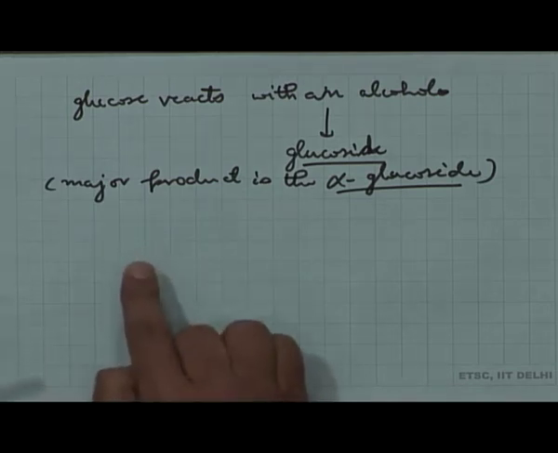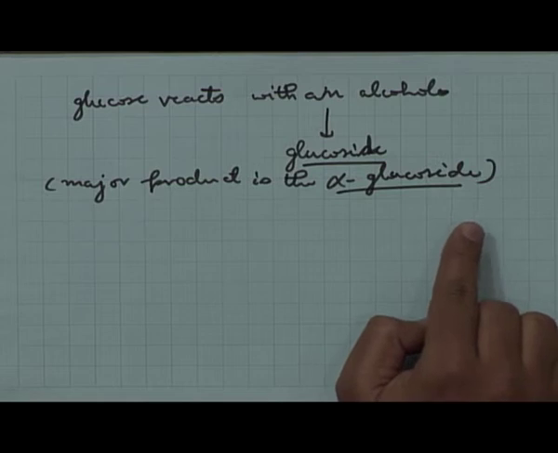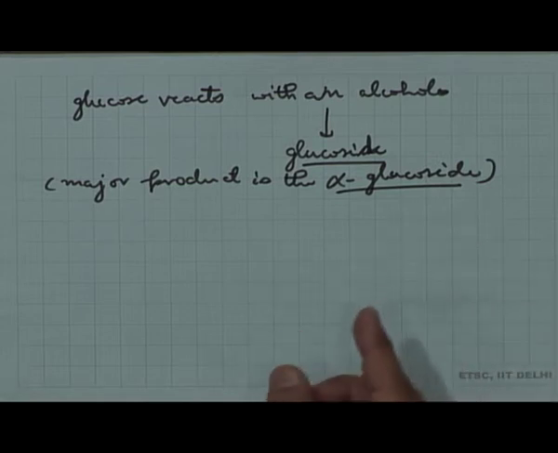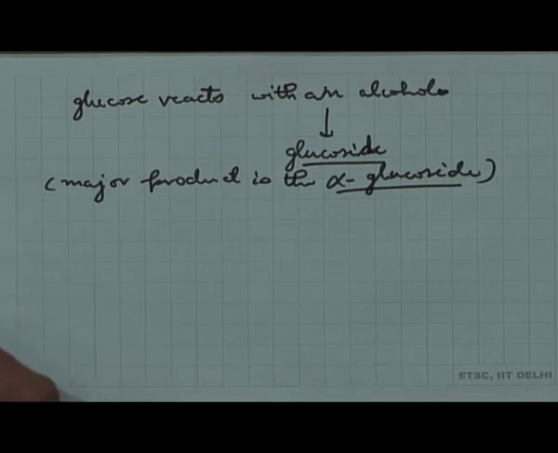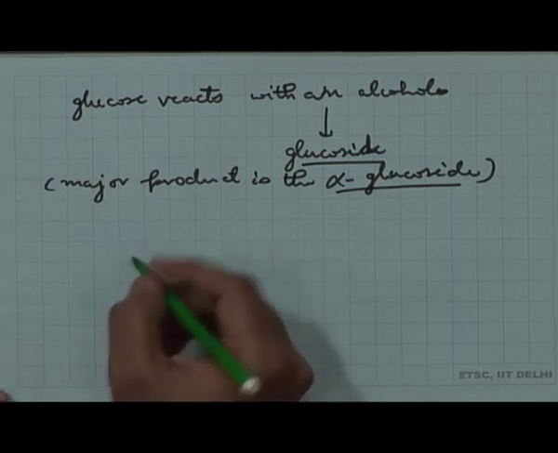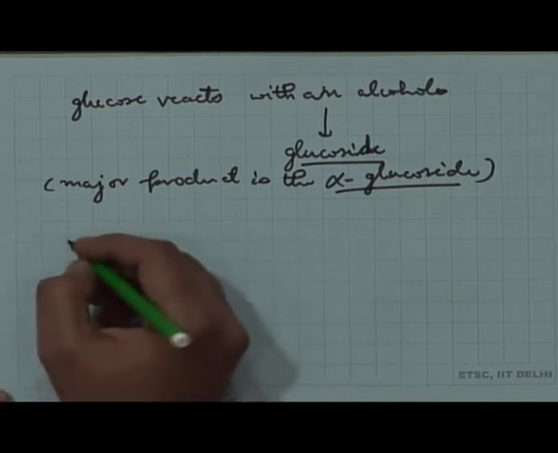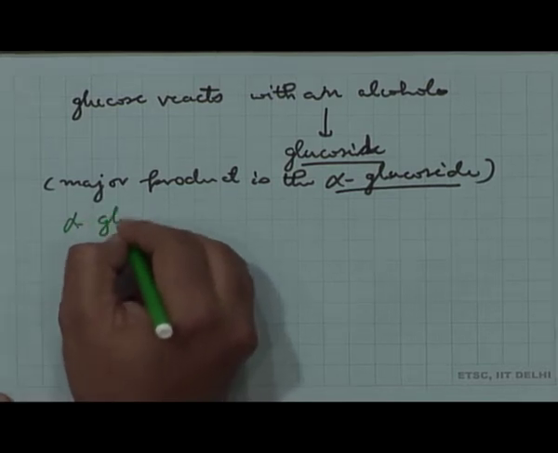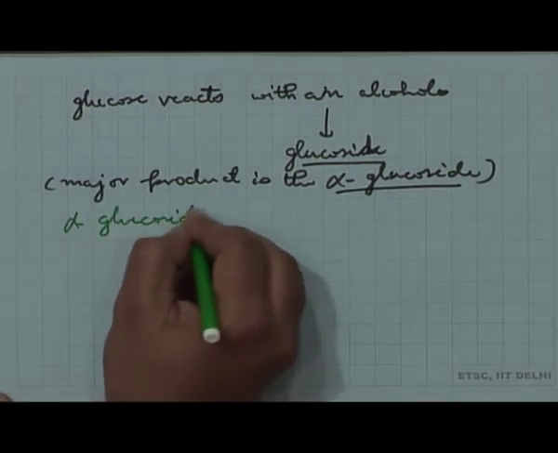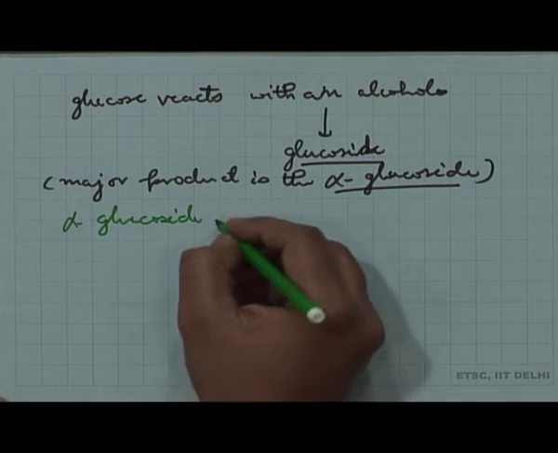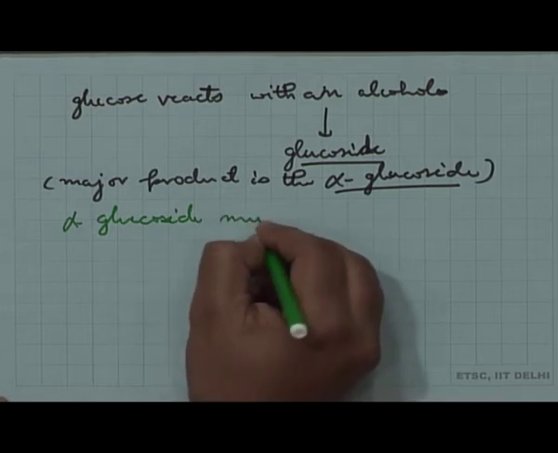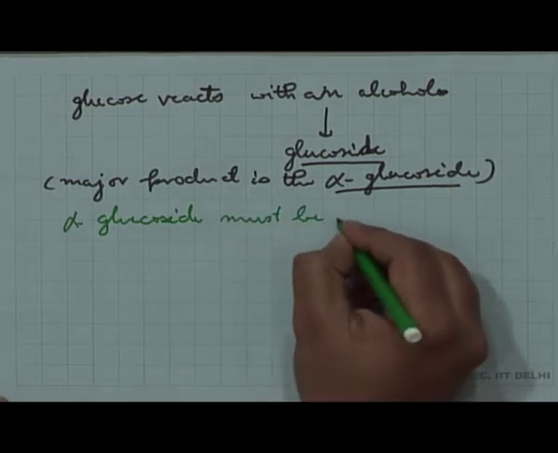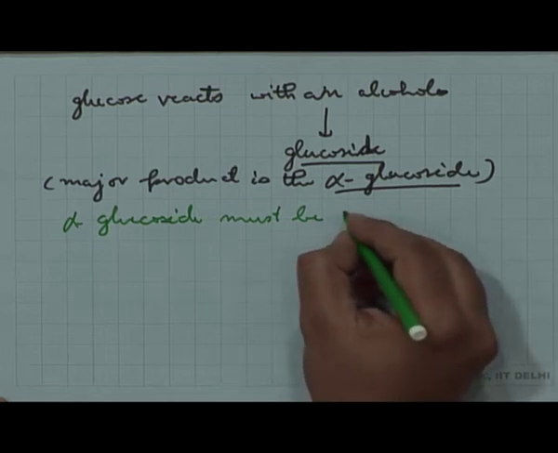So, first alpha glucoside forms as a major product, and then because of the reversibility it gets equilibrated with the beta glucoside. This supports the hypothesis that the alpha glucoside must be more stable than the beta glucoside.